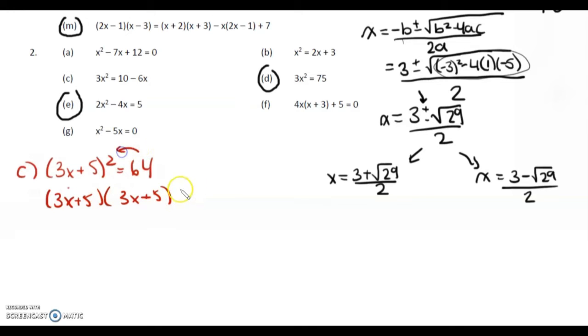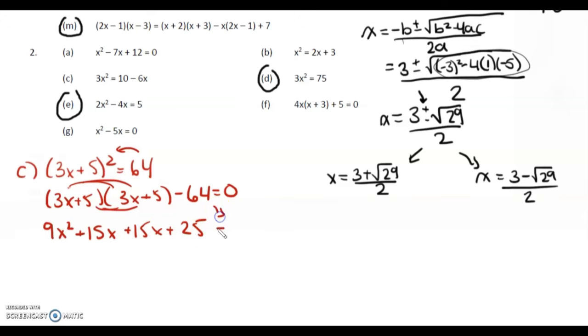I'm also going to bring over that 64, and it's going to become -64. So 9x squared plus 15x plus 15x plus 25, bring that down, -64 equals 0. Remember, when we square something, we're not just squaring the two components individually, because you're going to miss out on the foiling of that middle term.